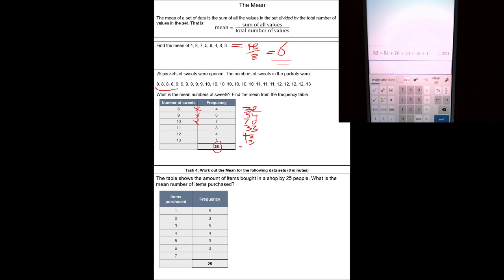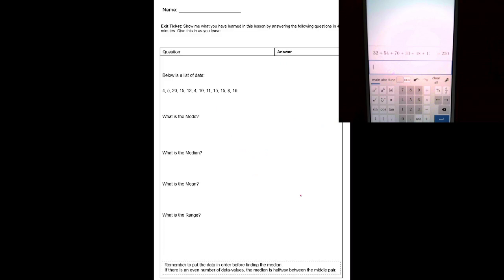Well, that's convenient, isn't it? So I'm going to do 250 over 25, which gives me 10. Way! So our mean is 10. Easy as that. Okay, do the questions and get to the end. Thank you very much.